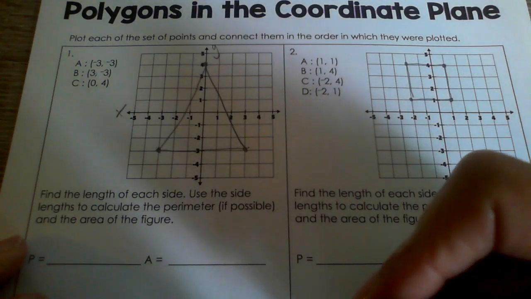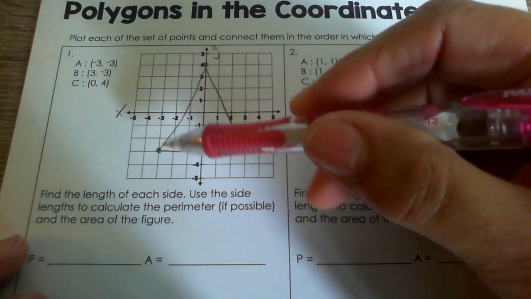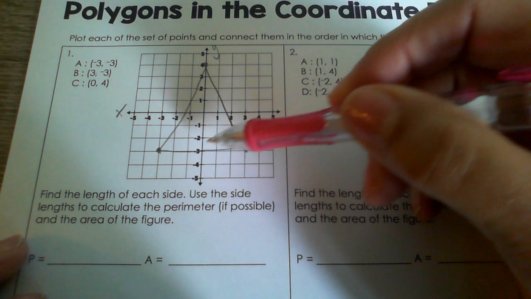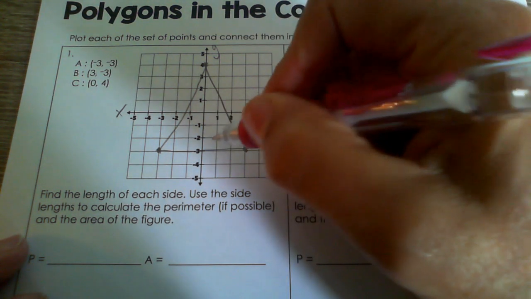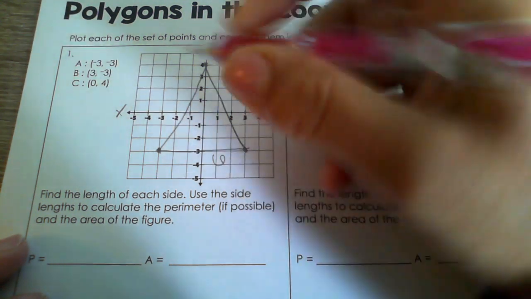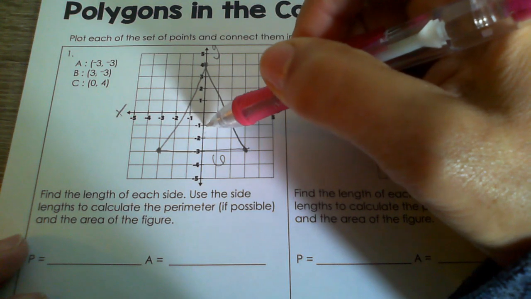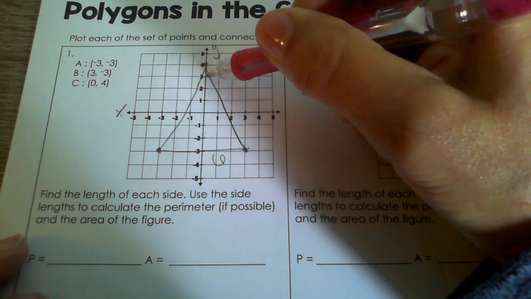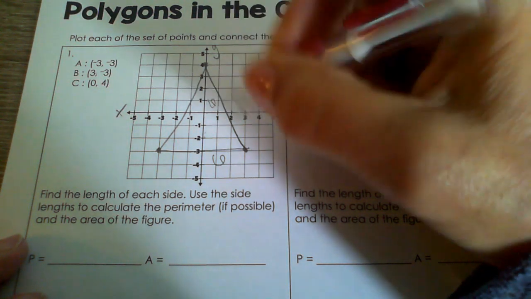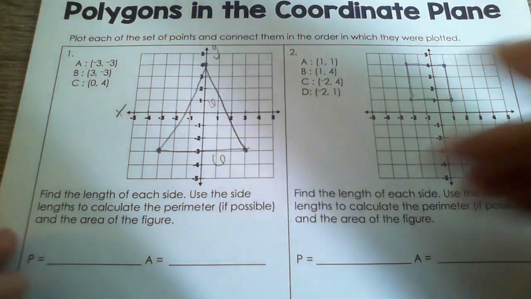So with this, our base is 1, 2, 3, 4, 5, 6. And our height is 1, 2, 3, 4, 5, 6. So we're taking half of 6 times 6.